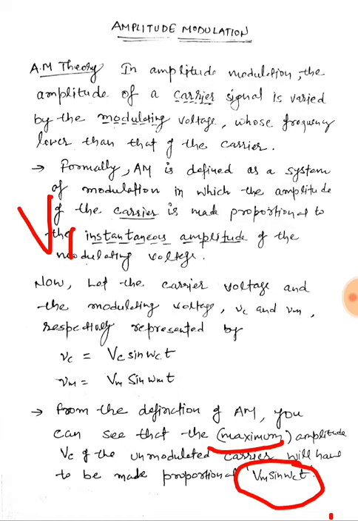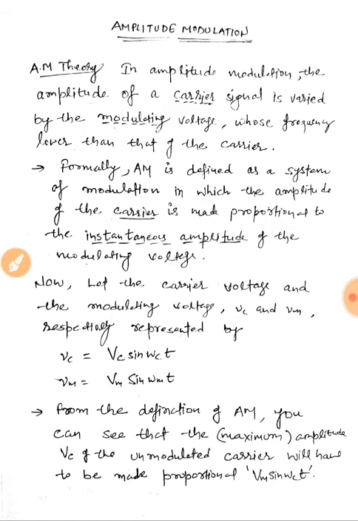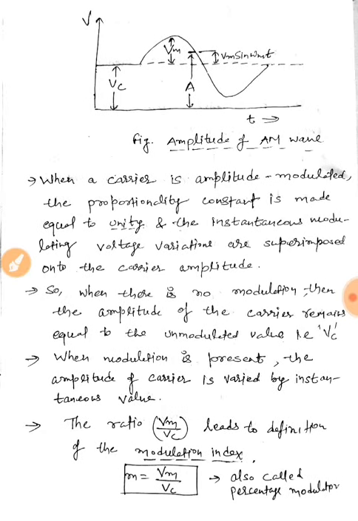So Vc must be made proportional to Vm sin ωmt. Okay, so this is how it will be done.